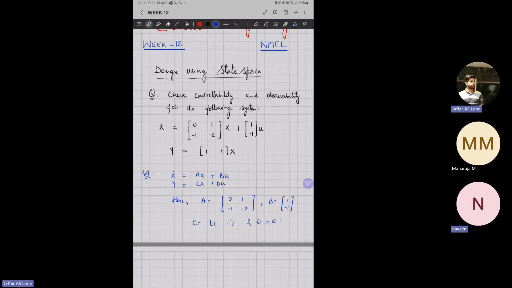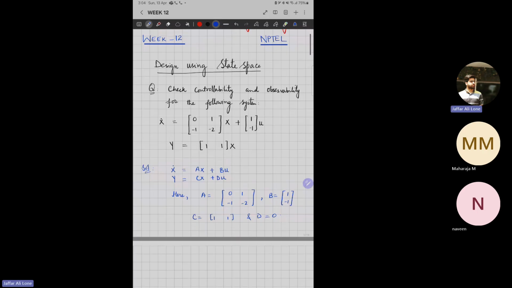Okay, so now, is the screen visible? Yeah.